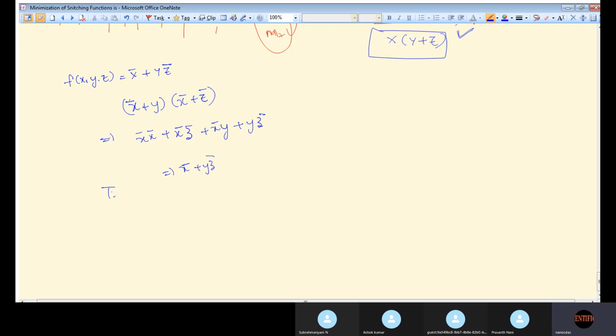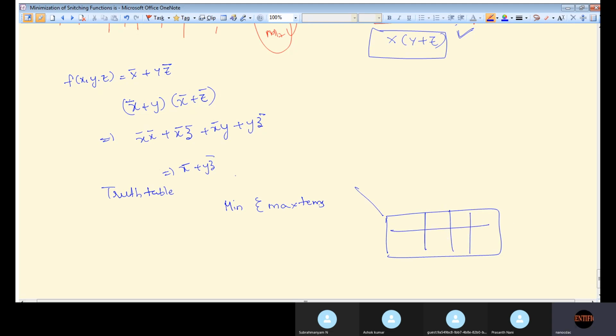Take the truth table, find out the min and max terms, and map it. Map it and then see whether you are getting this equation.